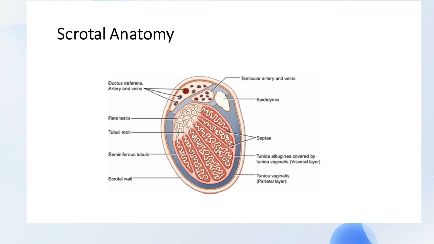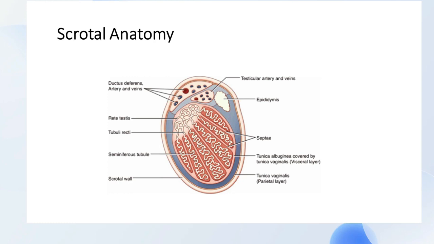Inside the testicle, that's where you find what are called the seminiferous tubules, which are responsible for the production of your sperm. And then there are septa which divide the lobules like that, and then we've got this space where the septa meet.